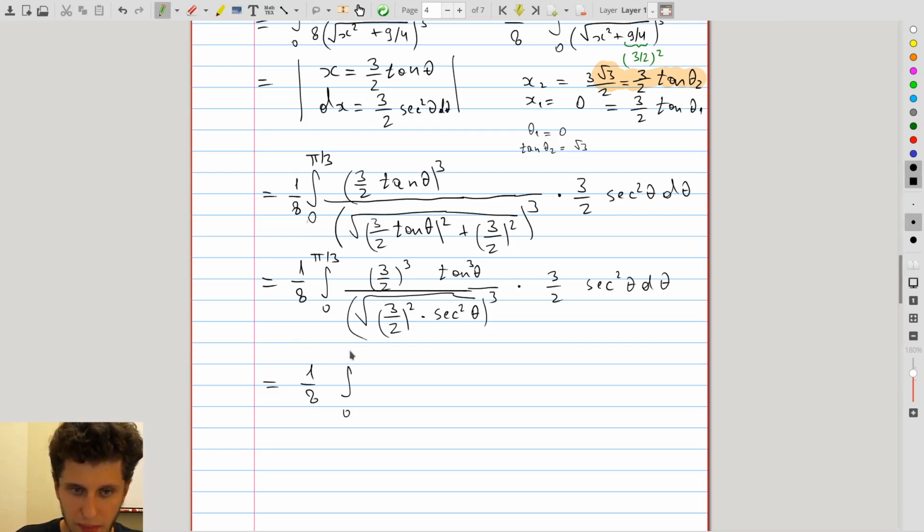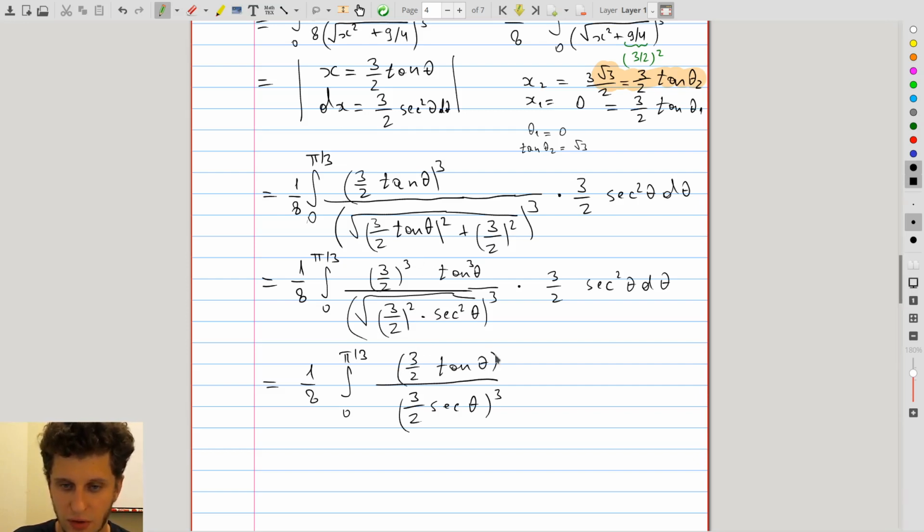So I'll simply have 3/2 secant theta cubed, and 3/2 tangent theta. I guess I can just join these two factors together and write them like so, cubed in the numerator, times 3/2 secant squared theta d theta.